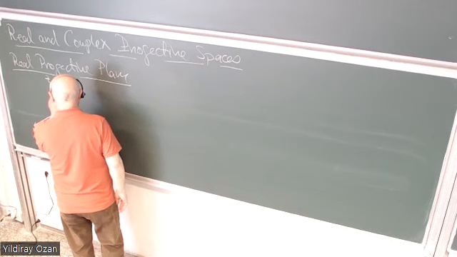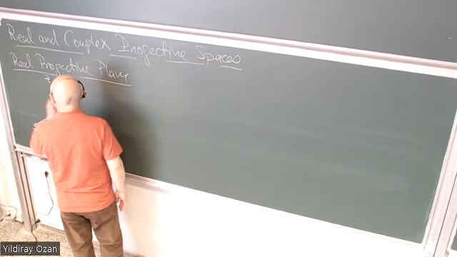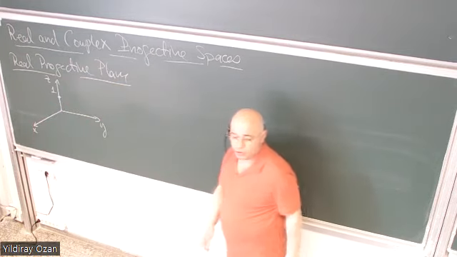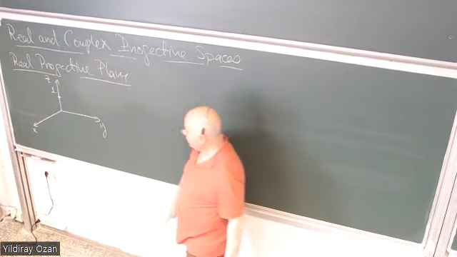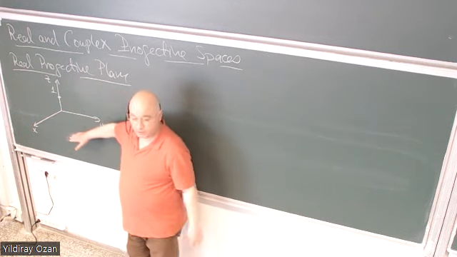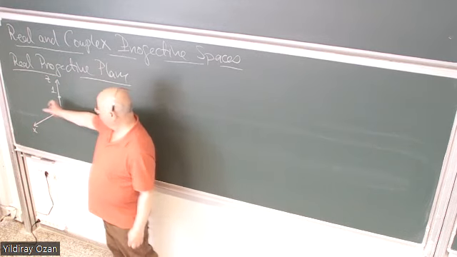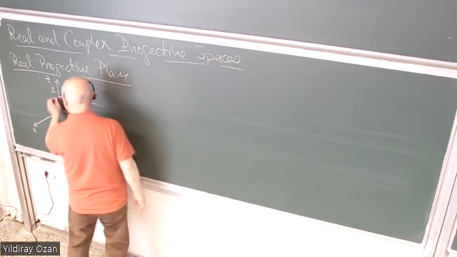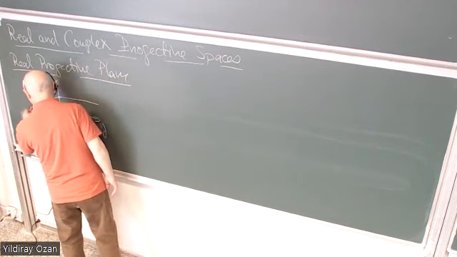Well, one way is, as I said, this projective plane. This is what you do. Consider the plane which is parallel to the xy plane, but passes through this point. So you have this plane.